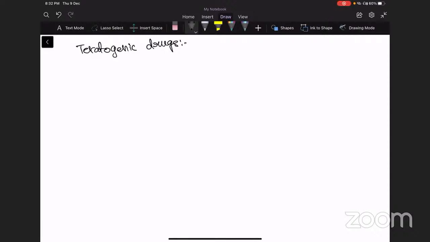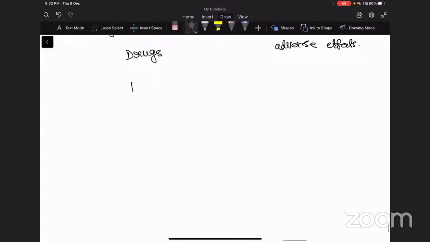Teratogenic drugs and the birth defects. Drugs and adverse effects. Lithium causes Ebstein's anomaly.